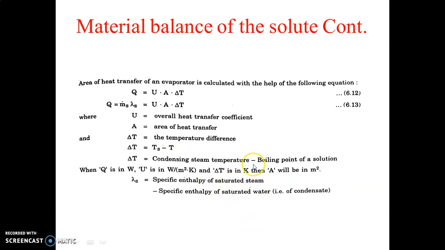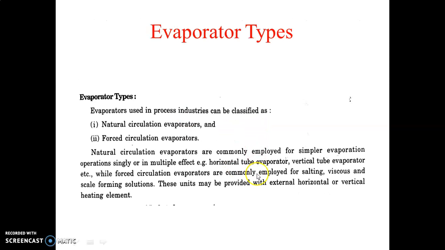So this is called the material balance and energy balance of an evaporator. For a single evaporator, we are doing this for only one evaporator, that is a single evaporator. Then we will discuss what the types of evaporators are. So there are two types of evaporators, natural circulation evaporators and forced circulation evaporators.